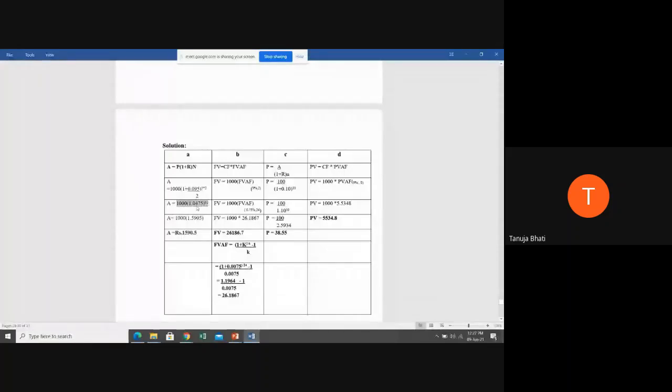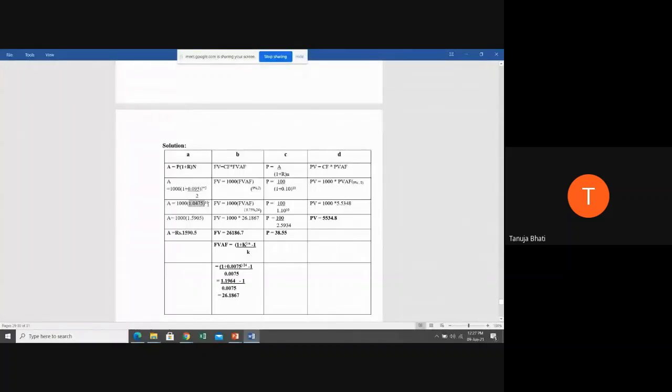Can we use table for solving this particular factor, students? Can, for finding out this factor 1.0475 raised to 10, can we use table?